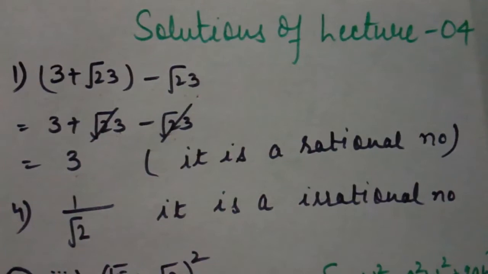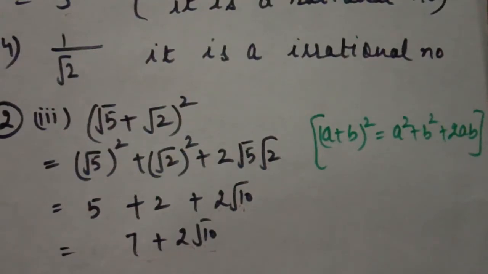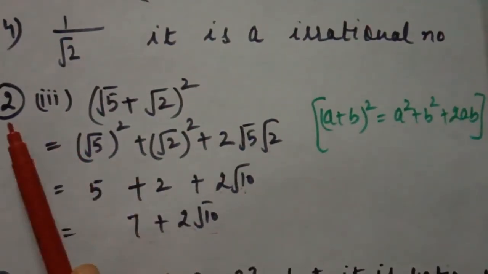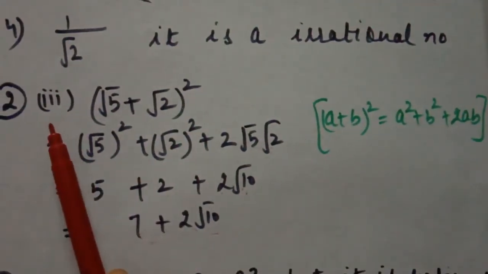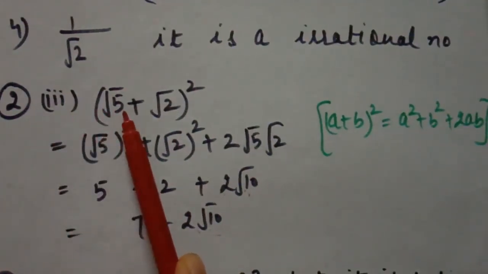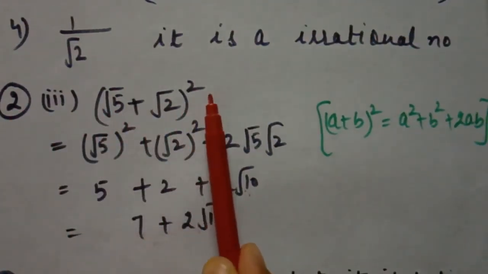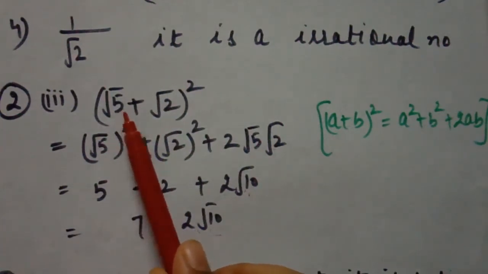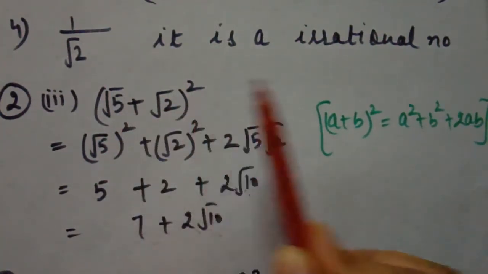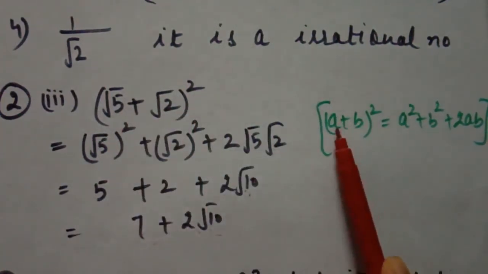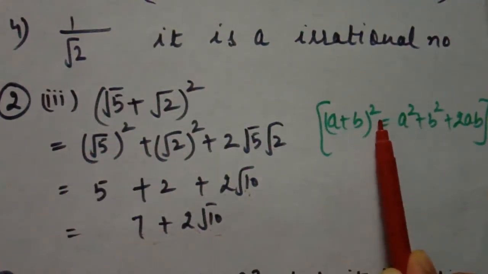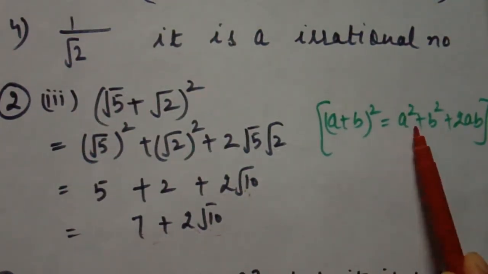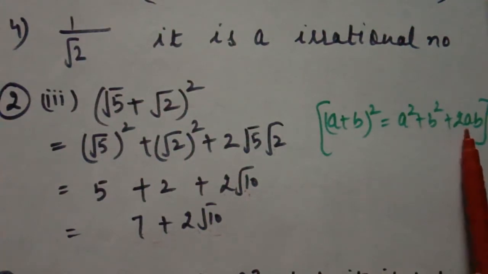Now the second question is, simplify each of the following expressions. Third part: (root 5 plus root 2) whole square. We know very well how to solve a whole square with the help of an identity. We have the identity (a plus b) whole square, which is equal to a square plus b square plus 2ab.